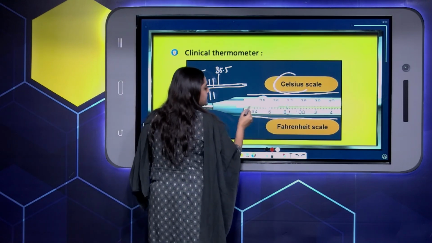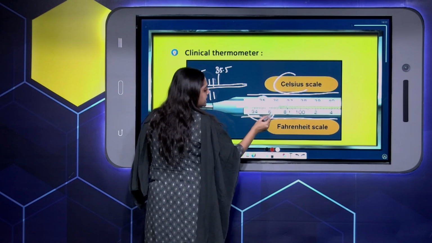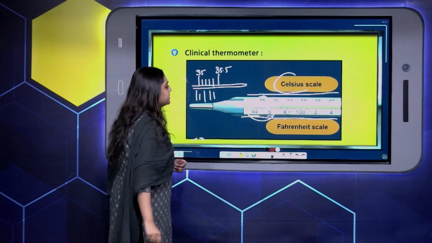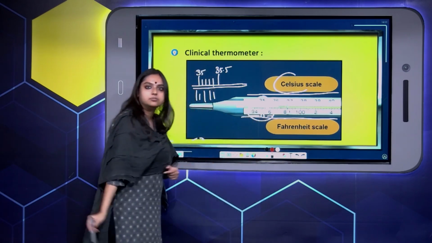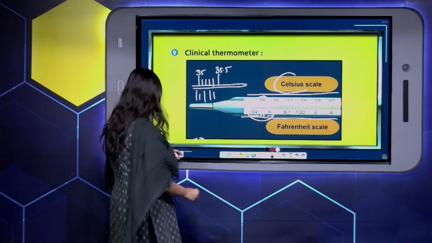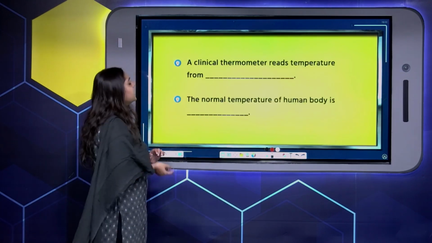Similar for the Fahrenheit scale also. This is 94 and this is 96, right? So this would be 95, right? So moving on to the next slide. Okay.